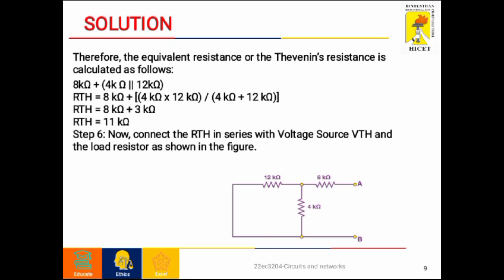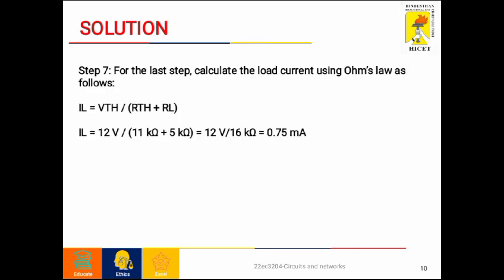And step 6 is to connect R Thevenin in series with the voltage source V Thevenin and the load resistor as shown in the figure. Step 7 is the last step. In this step we calculate the load current by using Ohm's law.